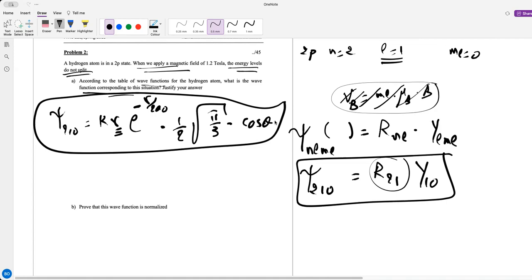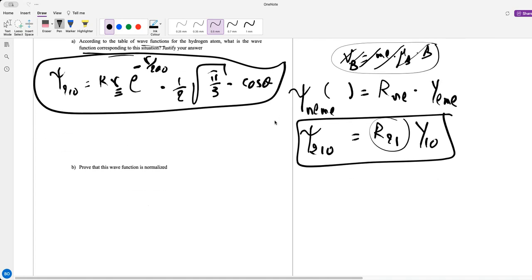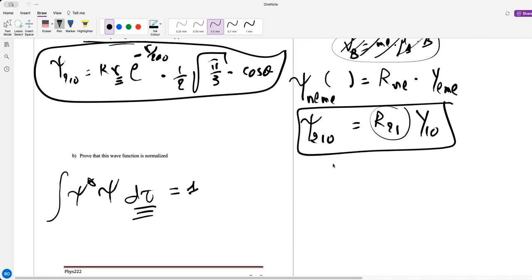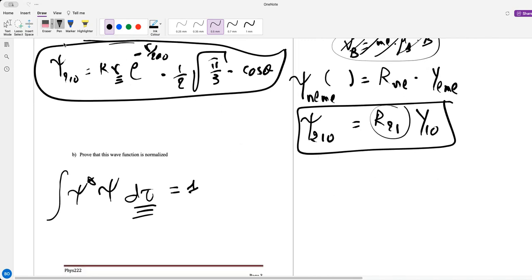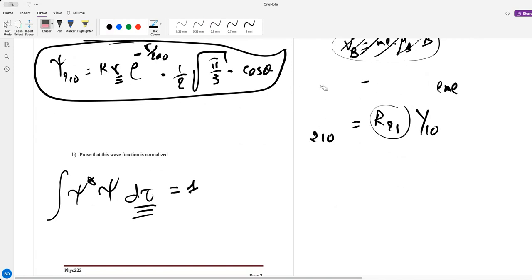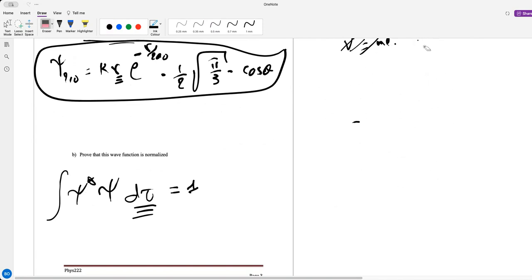Prove that this wave function is normalized. Remember, the normalization of the wave function is the integral of psi star psi dV, because you are integrating over a volume, and it must be equal to 1. Now let's do it here. I will remove everything because now we know.